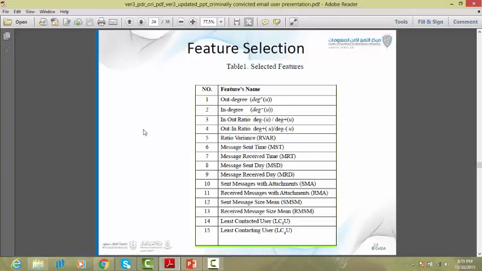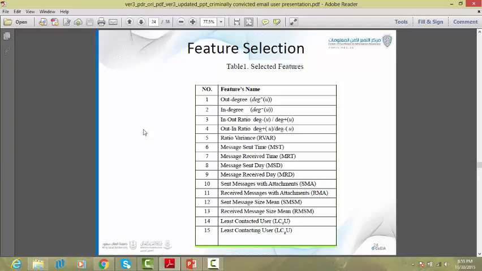Yes, these are the 15 features which are our proposed work. The first feature is the out degree, which is represented by the positive sign. In degree is represented by the minus sign. Then in-out ratio, out-in ratio, ratio variance, and message send time. The seventh is the message receive time.